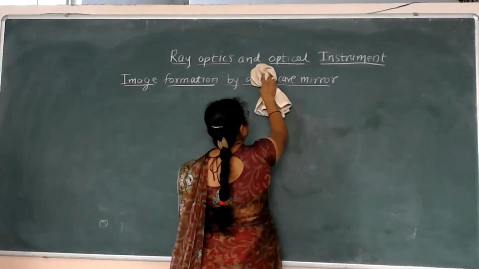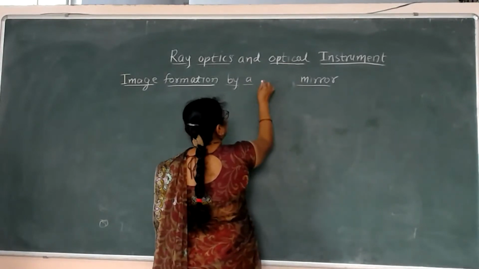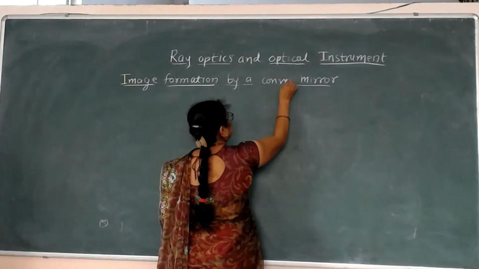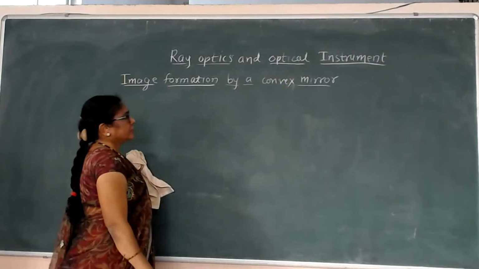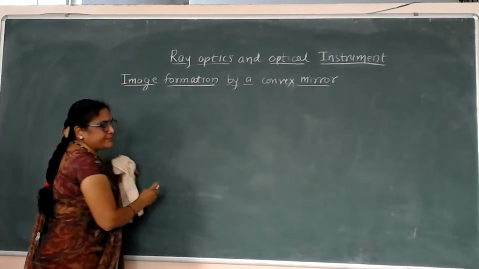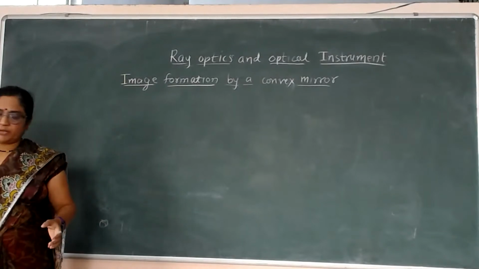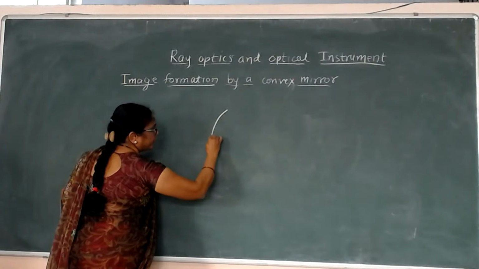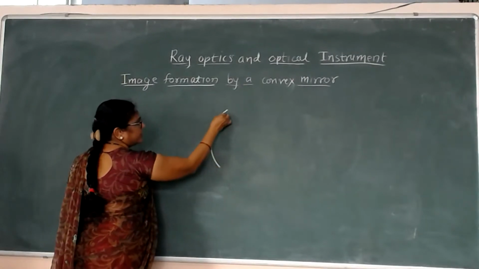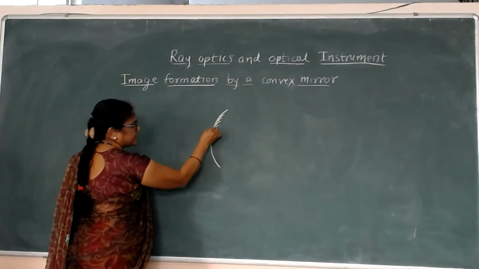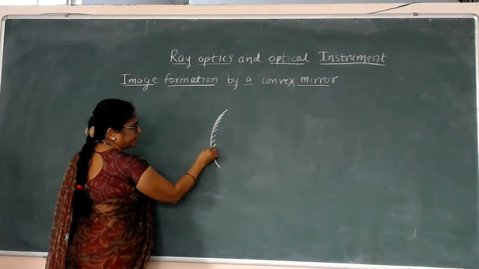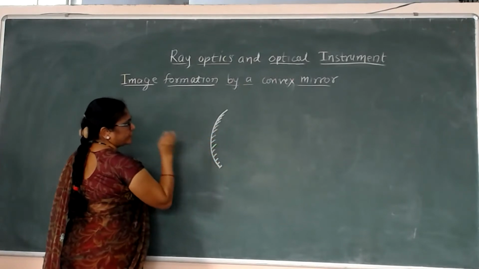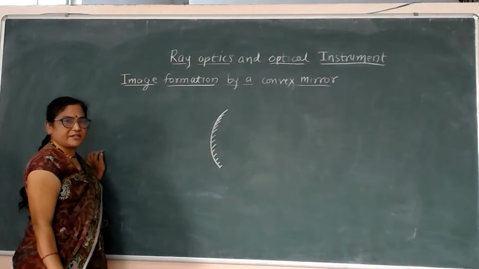Take here a convex mirror, in which the polished surface is inside and the reflecting surface is outside. So this mirror is known as a convex mirror.